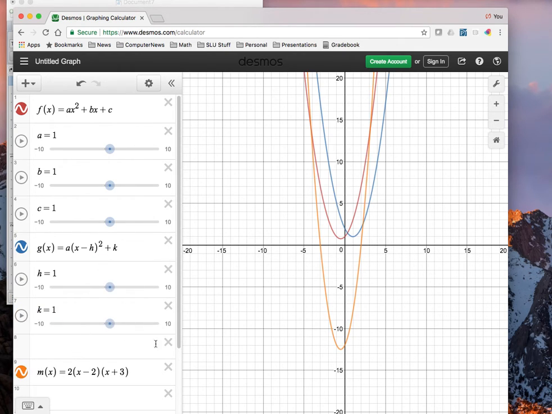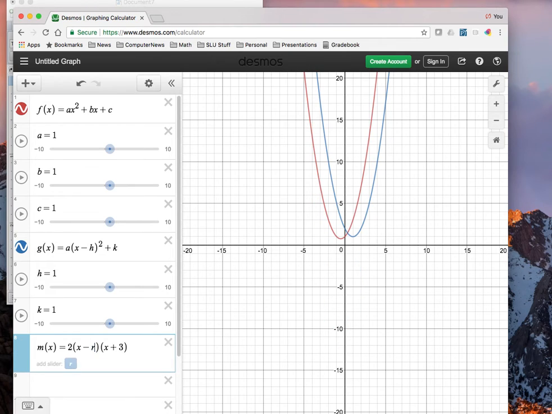And now I have my functions, I have my parameters, and m should be minus r1 and minus r2.